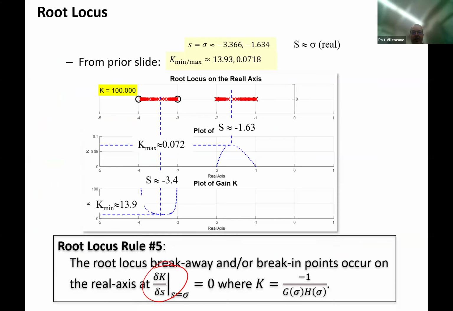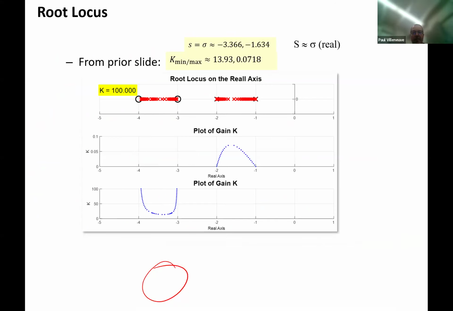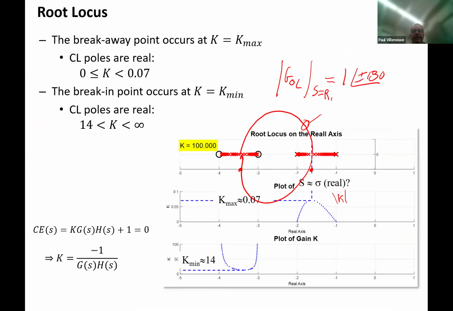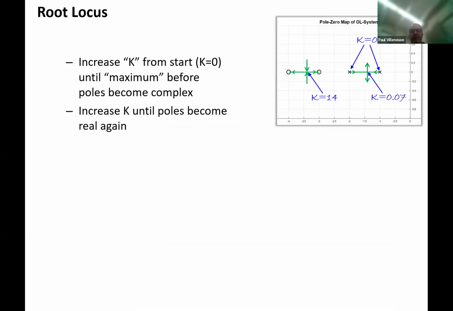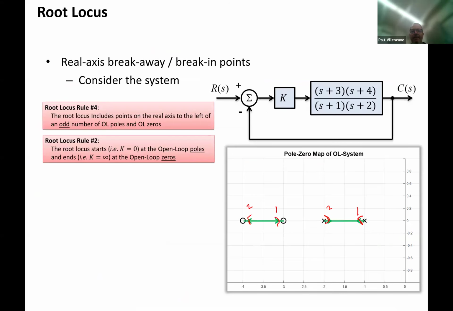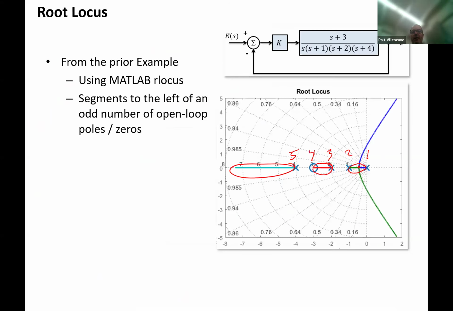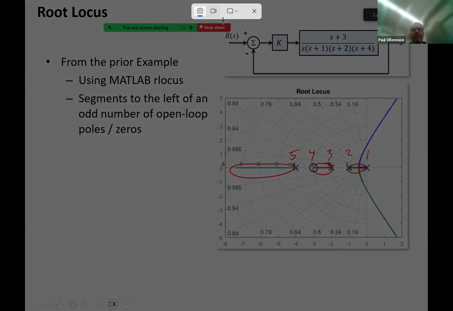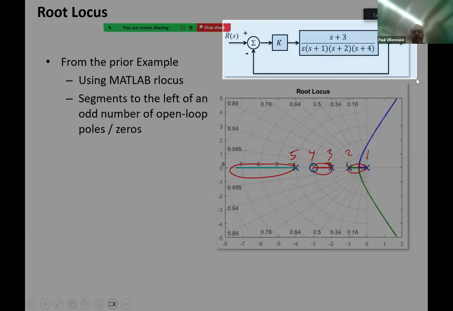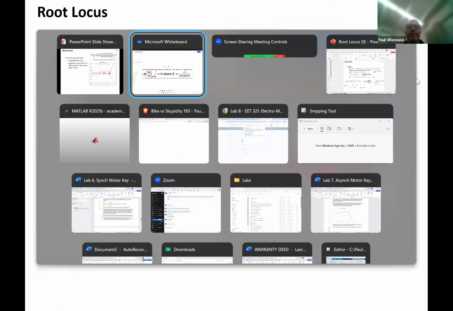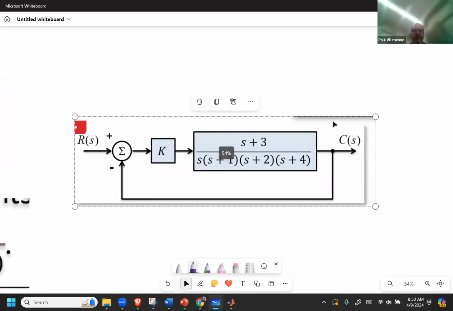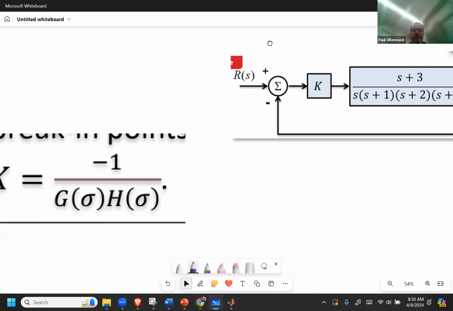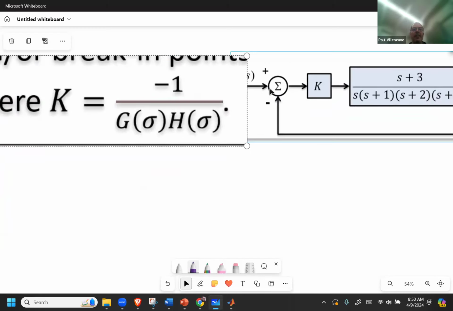And then I also need the transfer function, right? So I gotta go up a few slides. I can't remember that off the top of my head. Well, we had one here, right here. H is 1, yep.